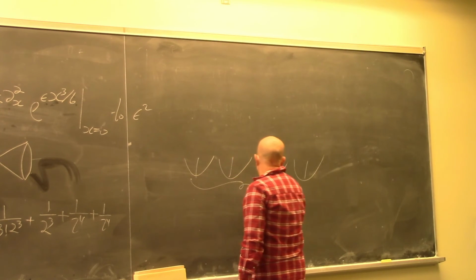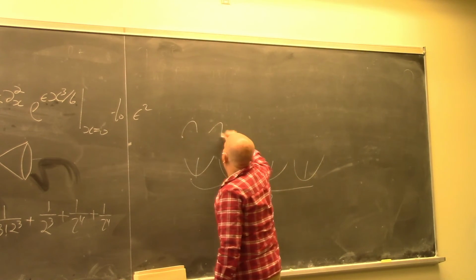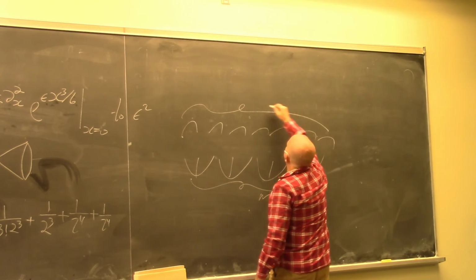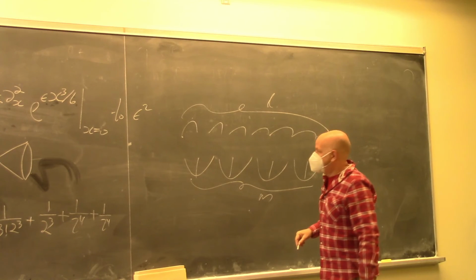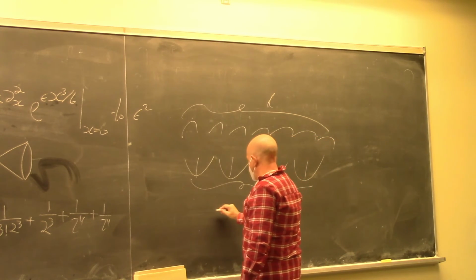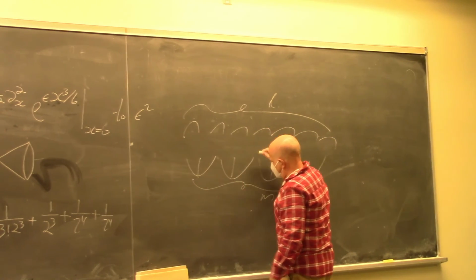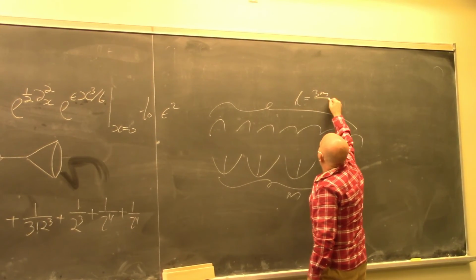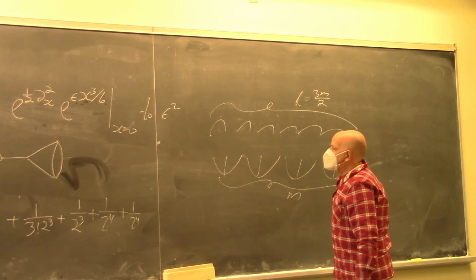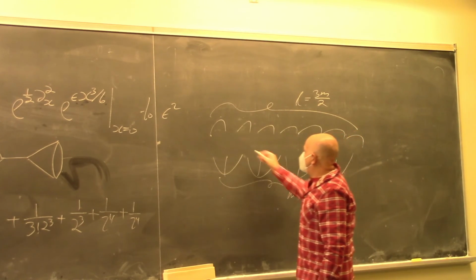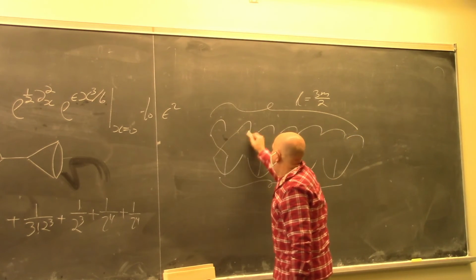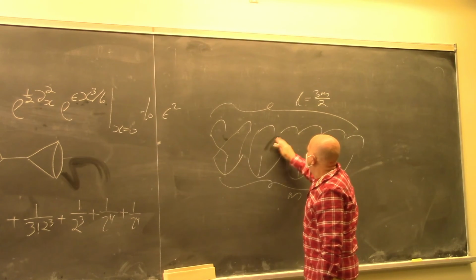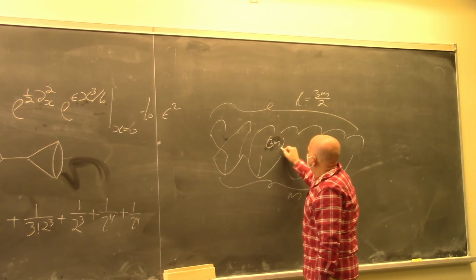So we have m tridents, and we need to pair them with L cups, where the numbers have to match, so L has to be 3m over 2, and the number of pairings is just the number of ways to pair, so it's 3m factorial.